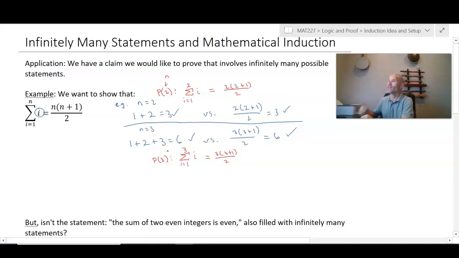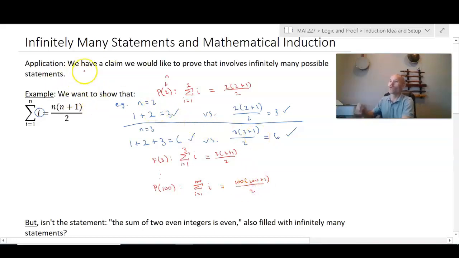And you can see that each value of n is going to generate a new statement. So maybe we want to prove P of 100, and P of 100 would be the statement that the sum of the first 100 positive integers is equal to 100 times (100 plus 1) over 2.